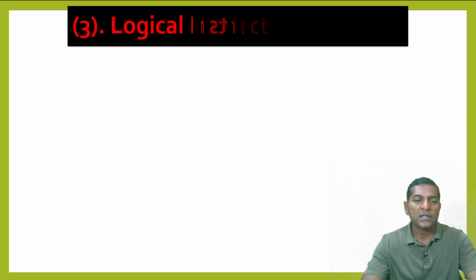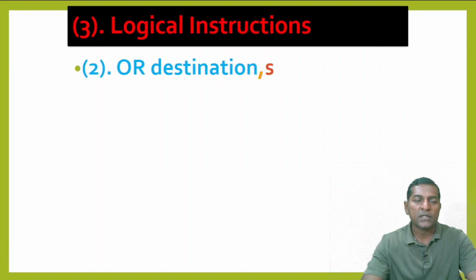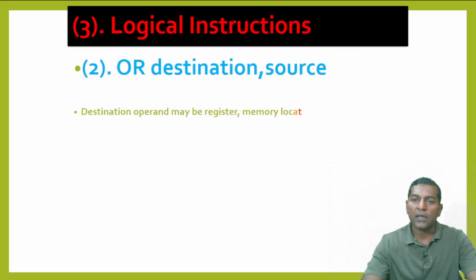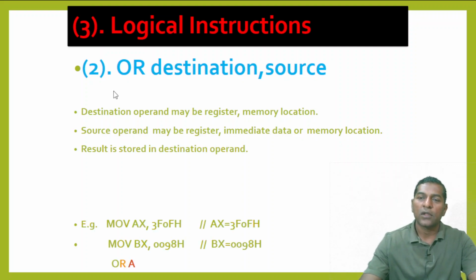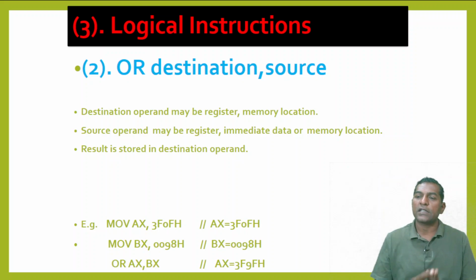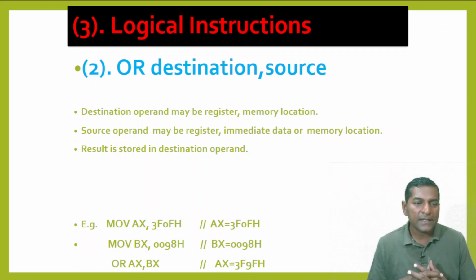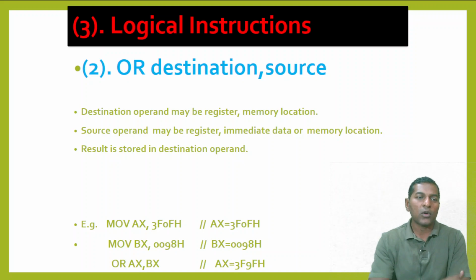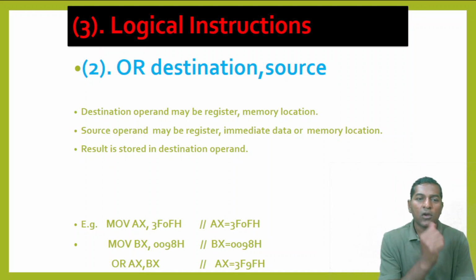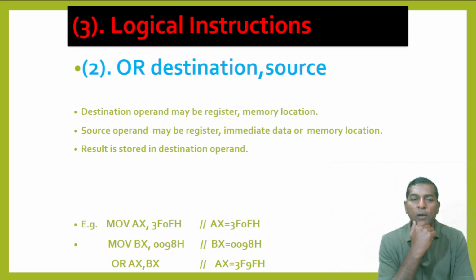The next instruction among the 8086 logical instructions is the OR instruction. In this OR instruction, we have a source and a destination. The destination may be a register or a memory location, whereas the source operand may be a register, data, or memory location.